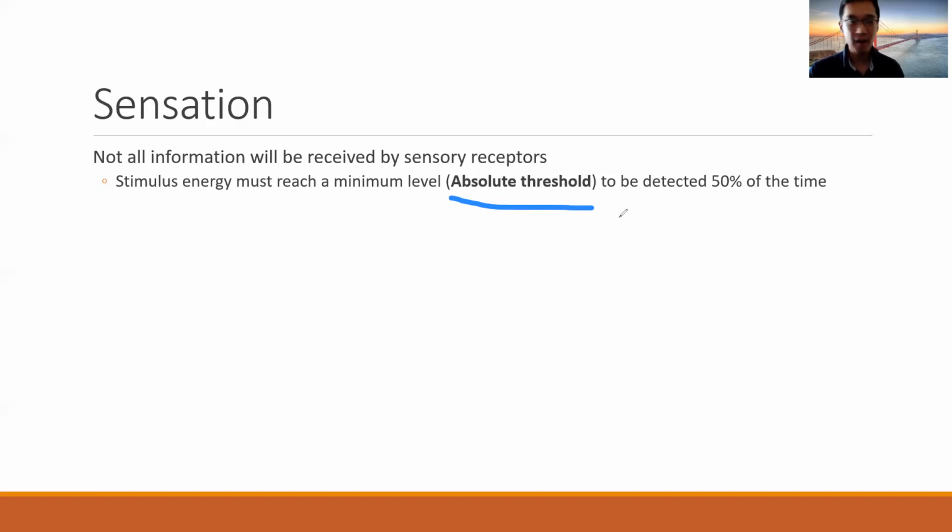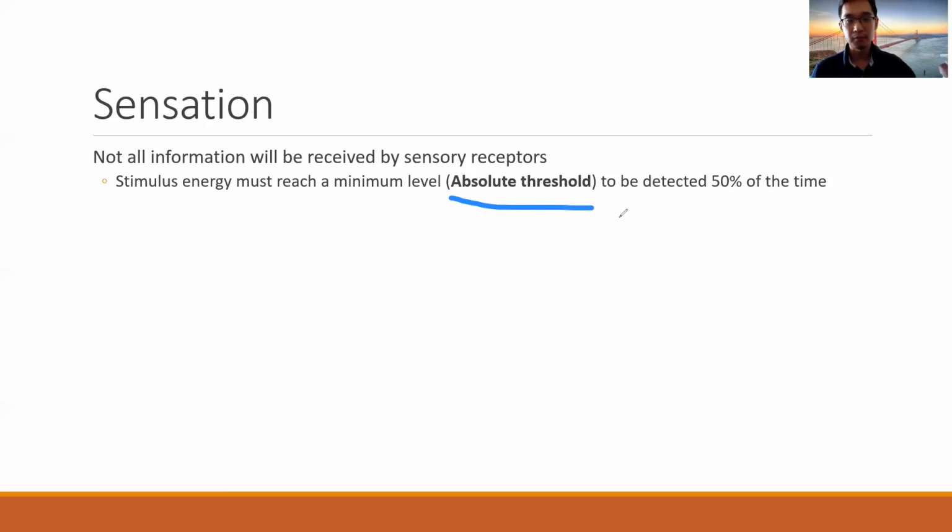If that person can see the light half of the time, for example, if the person tries 20 times but can only see the light 10 times, that is the minimal absolute threshold of the light. Absolute threshold for vision, specifically for that person's vision. So that is called the absolute threshold.